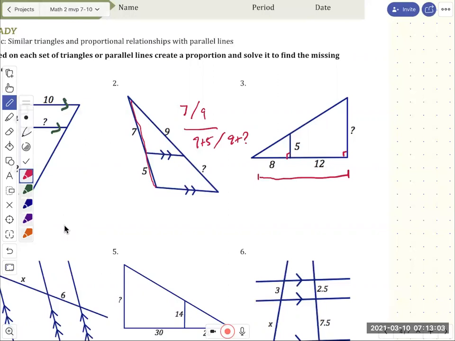So you'd say the vertical to the horizontal of the small triangle, and then we have the vertical to the horizontal, but the horizontal, you just have to be careful, is 8 plus 12, right? So to do that one.